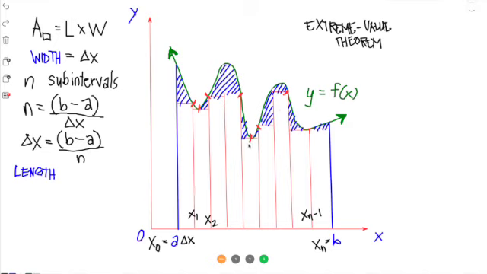So the extreme value theorem says that for each of the subintervals, there is an absolute minimum value.